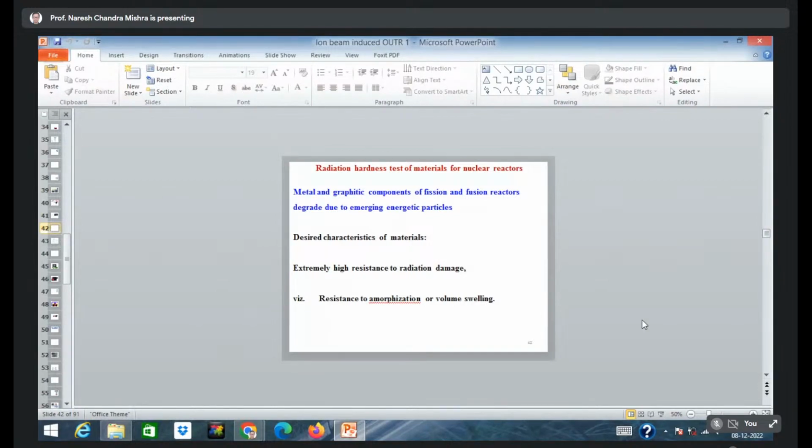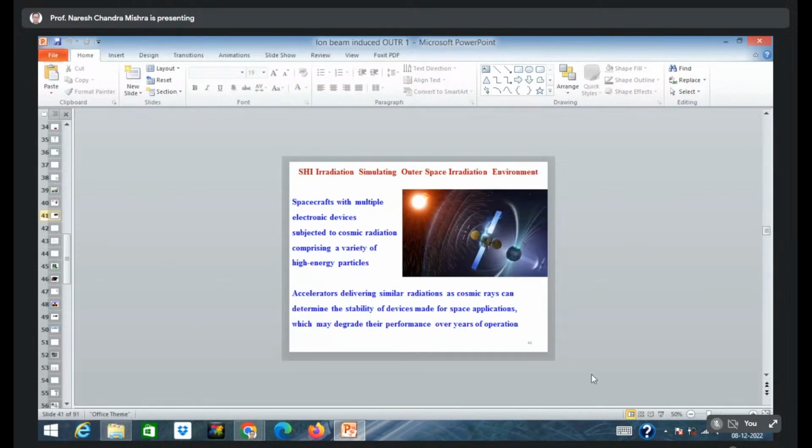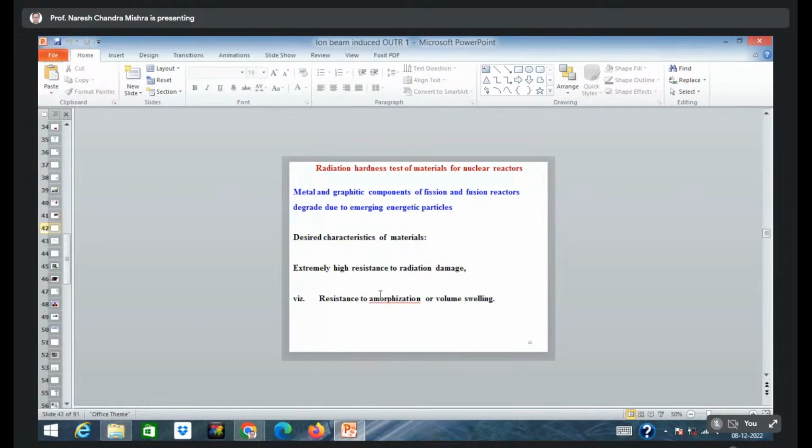If it doesn't survive, it's gone, it's soft, it's damaged. And that's how you test radiation hardness. That's a very interesting question. The materials used in space applications, materials used in nuclear reactors should be radiation hard. They should survive very hostile radiations.